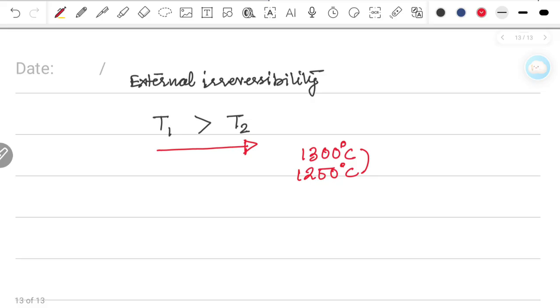And the water normally boils, if let's say the pressure is not very high, at about 500 degrees Celsius, let's say. So 1300 degrees Celsius and 500 degrees Celsius, it is a huge temperature difference in the economizer portion.